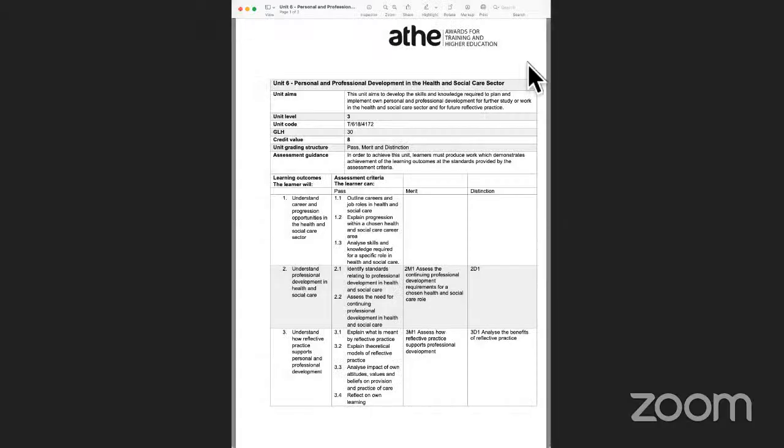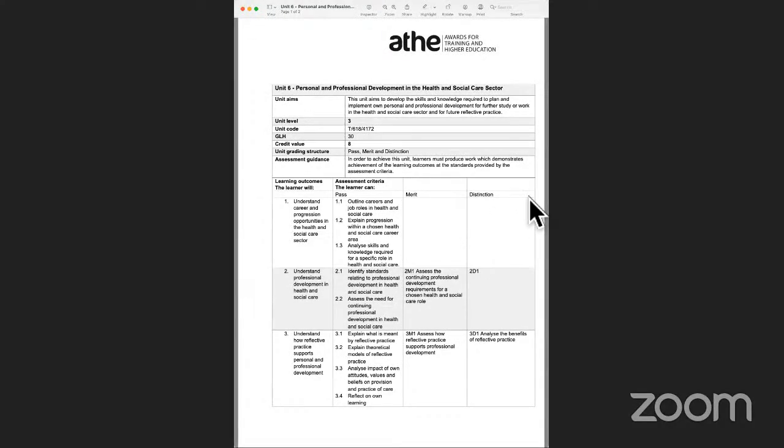Let me quickly switch you over to the unit specification. Today we are covering Learning Outcome 3. This is the unit on personal and professional development in the health and social care sector. As I mentioned a couple of weeks back when we started, this is a combination of academic and research skills for those of you who took that unit, and some new content.